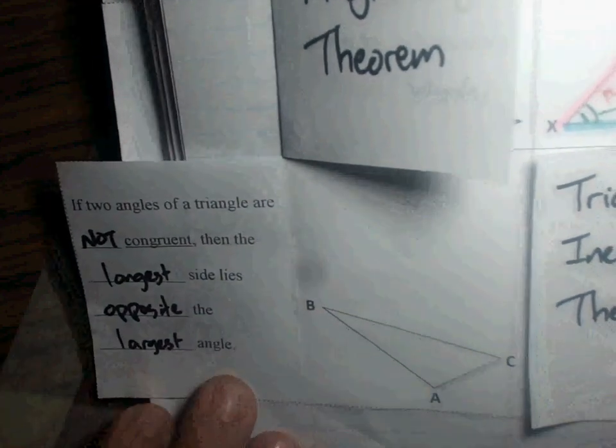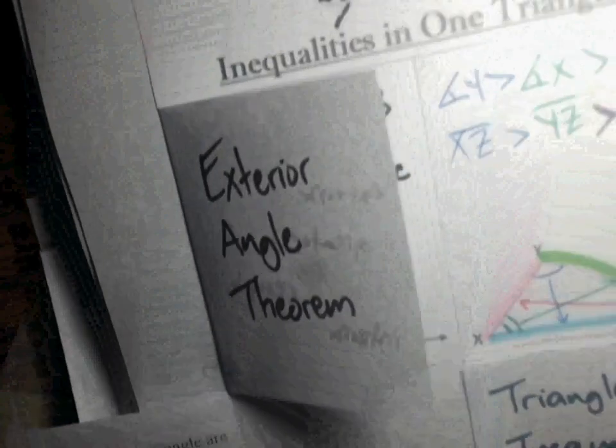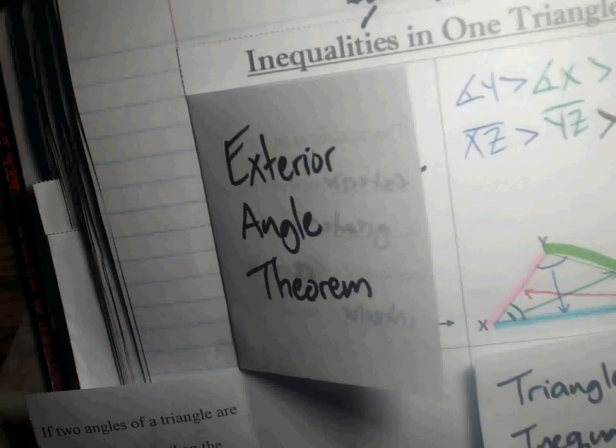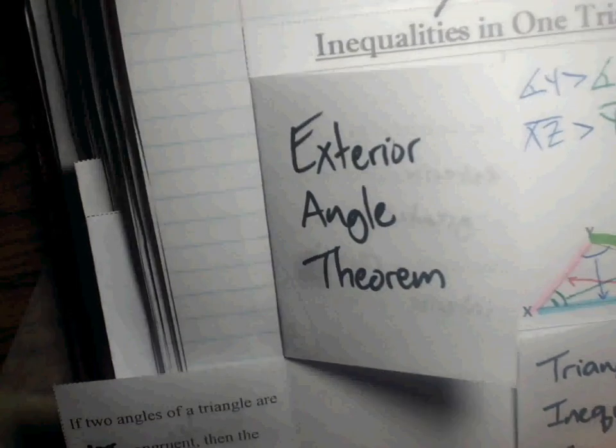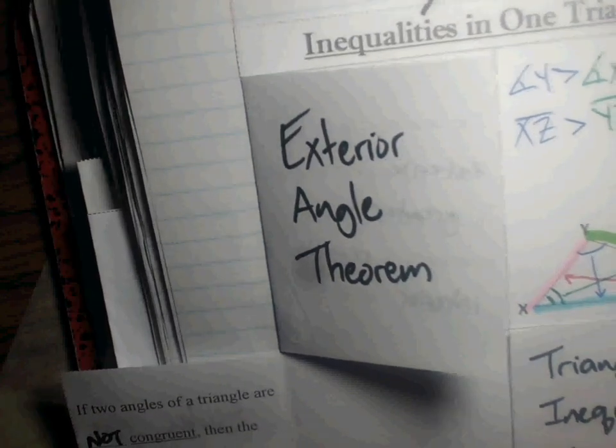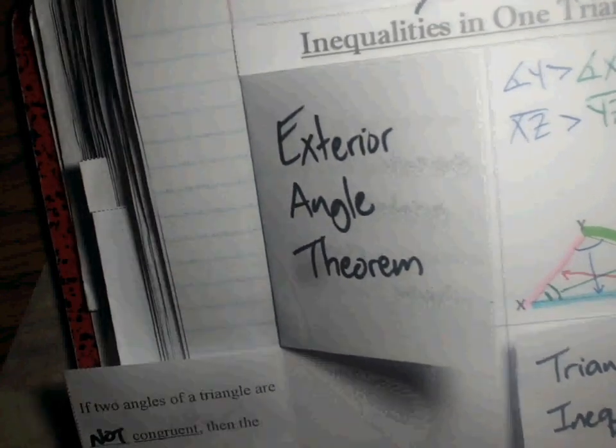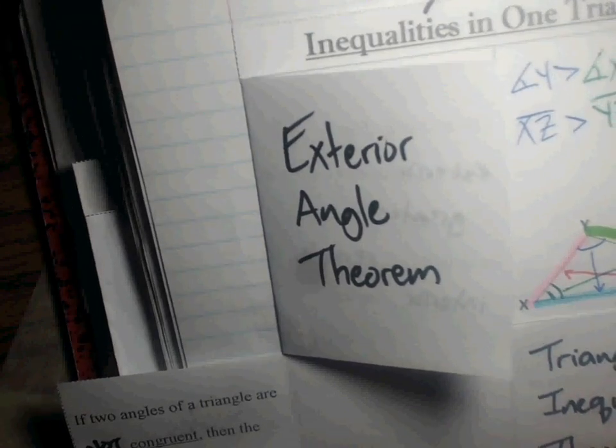It's really the same idea. We've had it before, but now we're talking about the sides instead. Obviously the largest side here would be BC, and that's opposite of angle A.